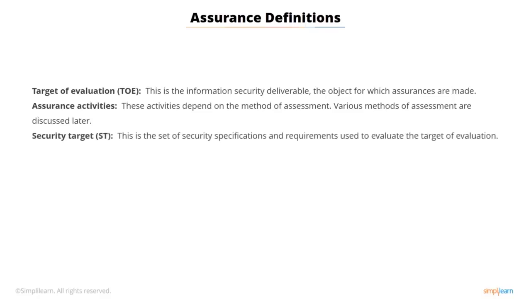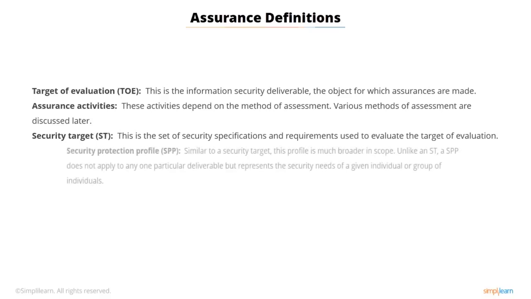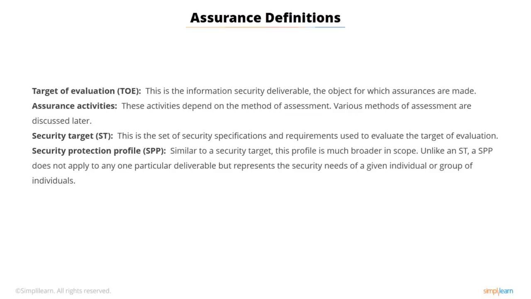These are the security specifications and requirements that you use to test the target of evaluation. Put another way, assurance activities check a target of evaluation to discover whether or not that target of evaluation has met the security targets. A security protection profile is similar to a security target, but it's broader in scope. It's not about a specific deliverable, but it's more about general security needs of a given business or group.